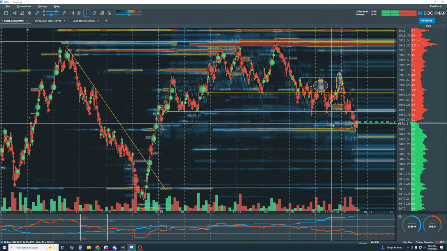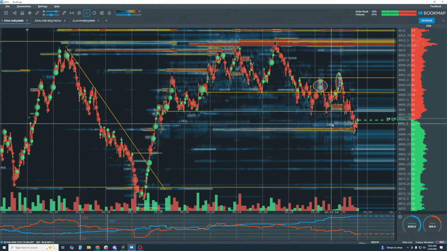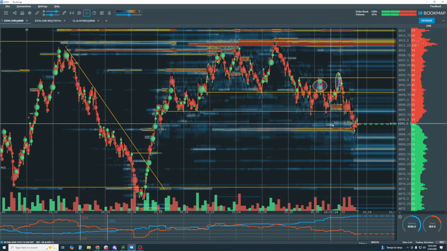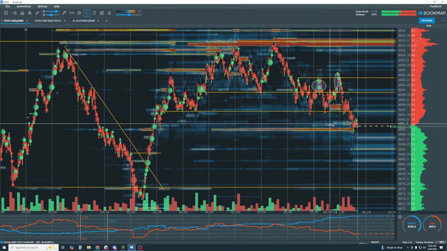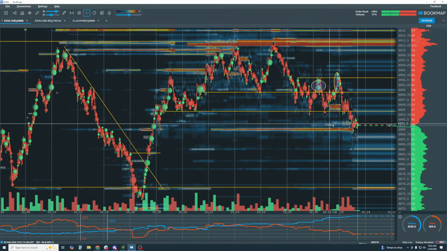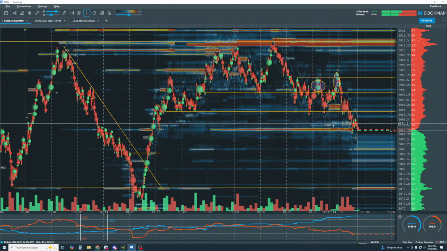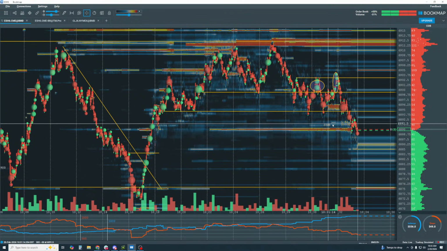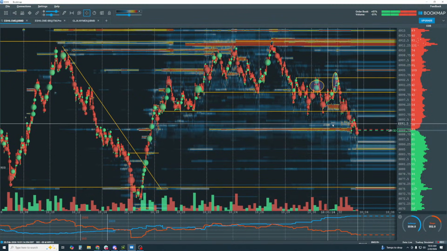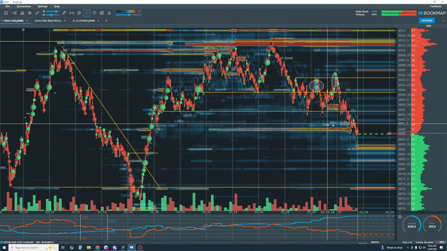Okay, so anyway, it's important to understand what's driving it here, and in this case, this is a lot of that. These swings in here are the traps, and people getting stopped out.